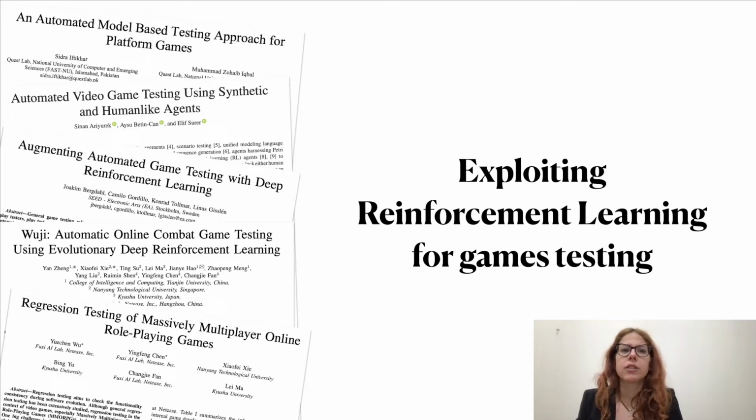Recently, researchers also started exploring reinforcement learning techniques to support game developers in testing activities, in particular for the automatic identification of functional bugs, meaning that the game has an unexpected behavior, for example, when the game crashes.